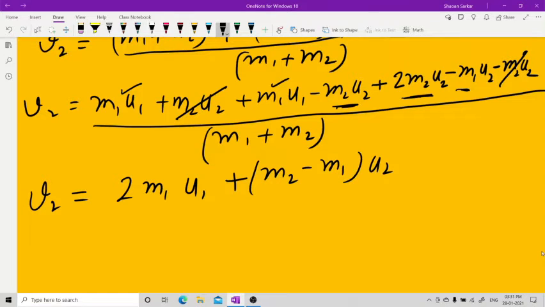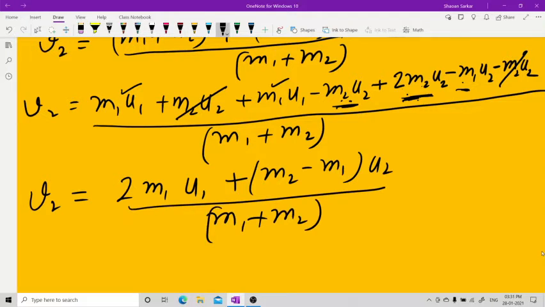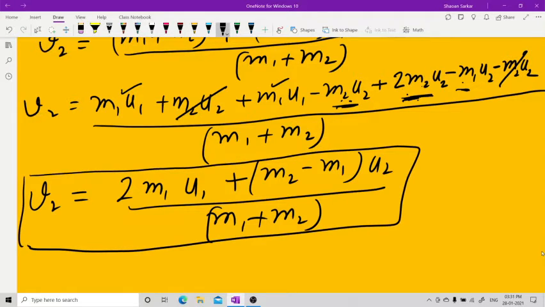This is a minus sign, this is a plus sign, and this plus and minus will become 2m2 minus m2, which will become plus m2, and this is minus m1. So upon m1 plus m2. Now this is what you will get. This is your next very, very important equation, that is called the B equation.